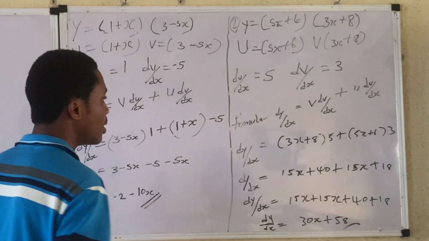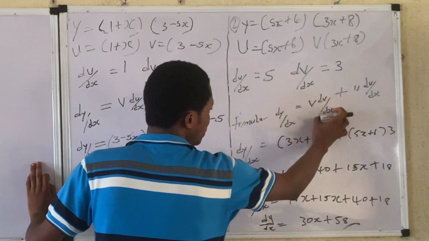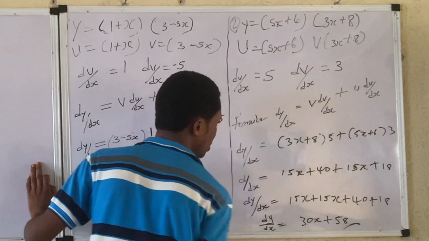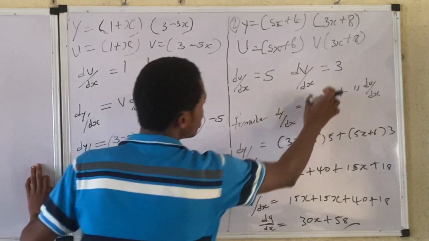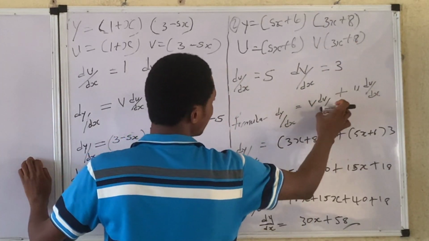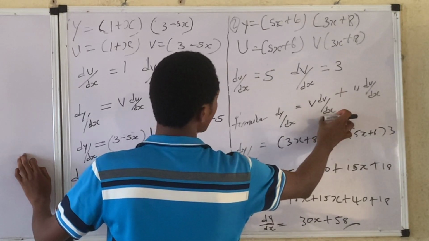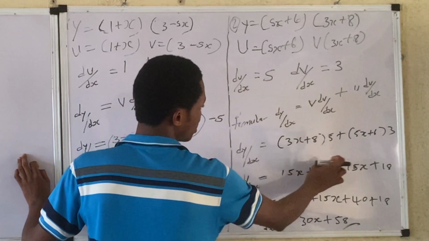From the formula, dy/dx equals v du/dx plus u dv/dx. So dy/dx equals your v, which is 3x plus 8, the one we have here. What is du/dx? It is 5, repeat it here.